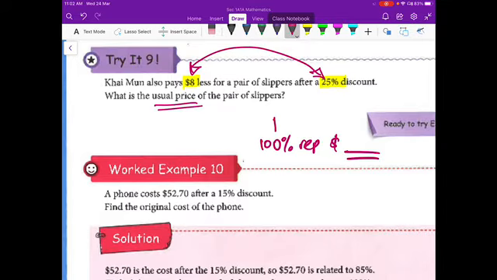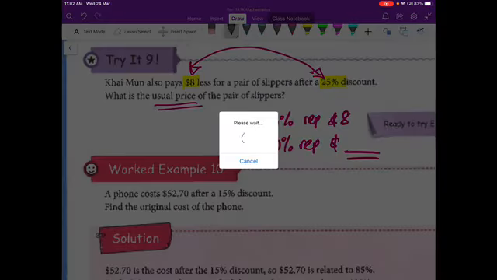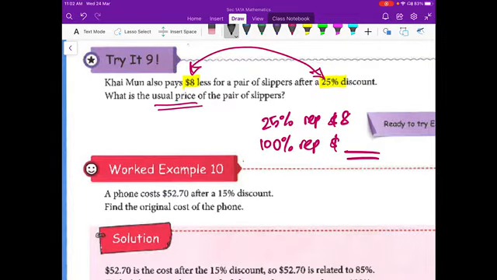So what must I write on top of this 100%? Should I write 25% represent $8, or should I write $8 represent 25%? It has to be the same thing on top of 25% over here, represent $8. Okay? Now, fill in the blanks. Do your division over here, then do your multiplication.